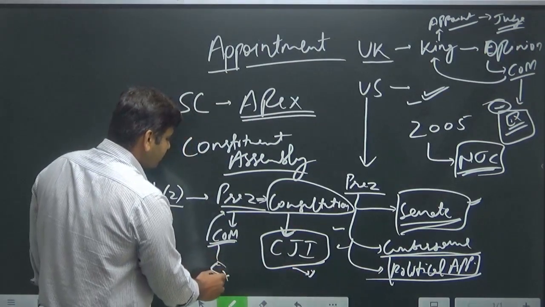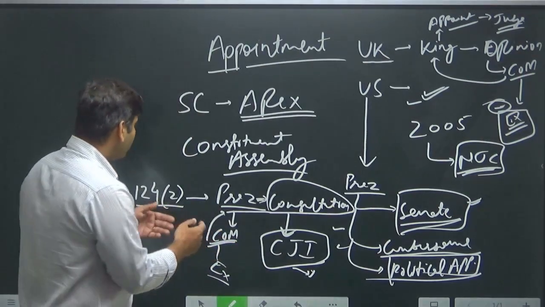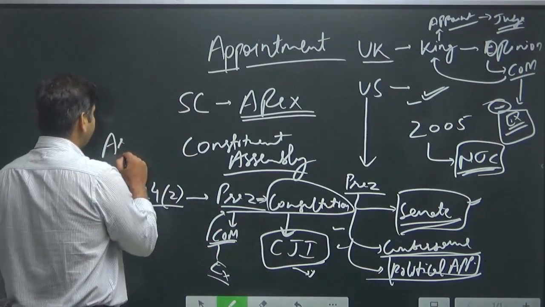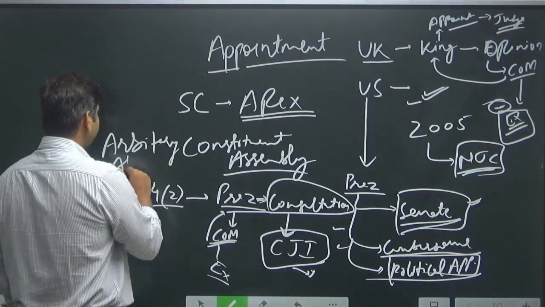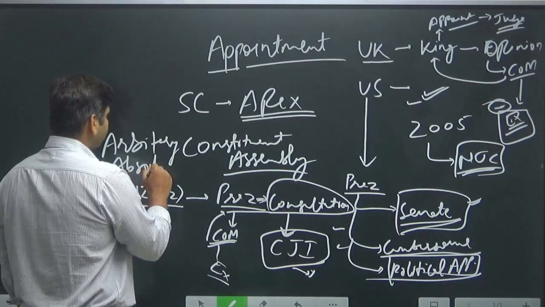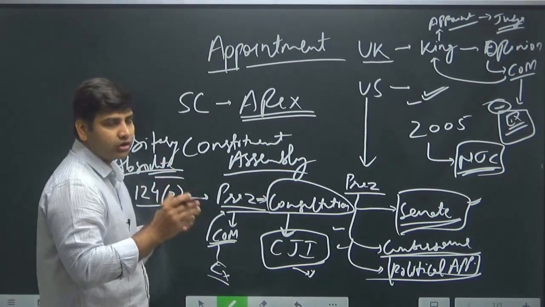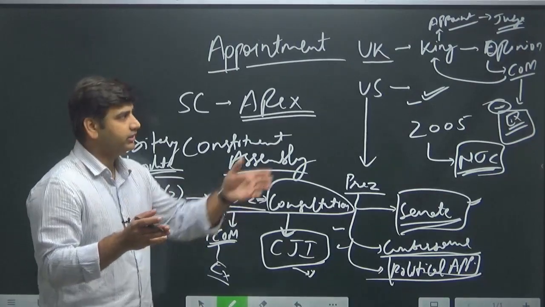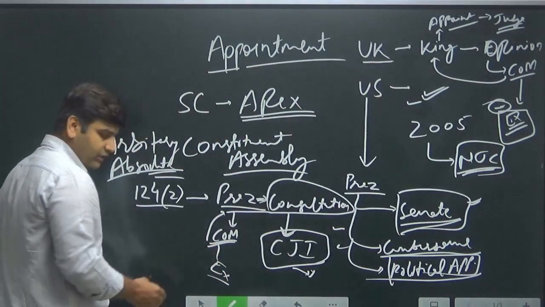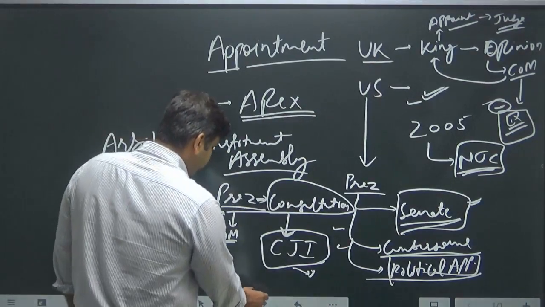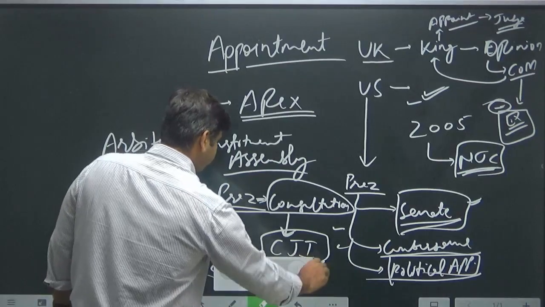So, there is check and balance in the whole process and no arbitrary or absolute power given to one organ of the government. In that case, it was the executive. So, Article 124, this is important.